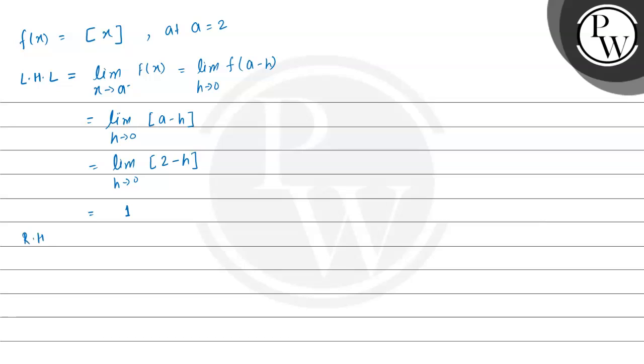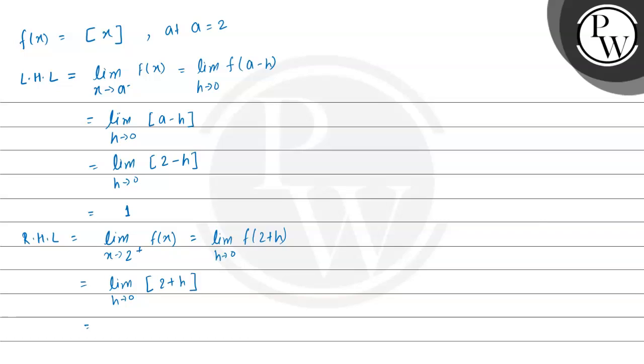Similarly, if we have to find the right hand limit, this is limit x tends to 2 plus of f of x, also equal to limit h tends to 0 f of 2 plus h. So this will be limit h tends to 0 greatest integer function of 2 plus h.